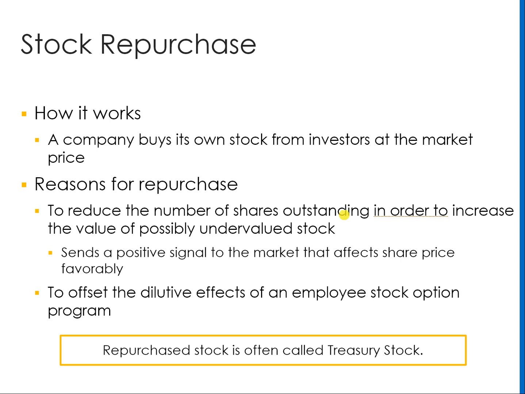If we reduce the number of shares outstanding, it can increase the per share value, right? Because the pie will be the same. The company's pie will be the same, but we have fewer slices because we repurchased a few slices, so each piece of the pie will be larger.